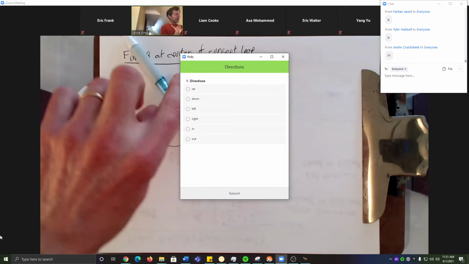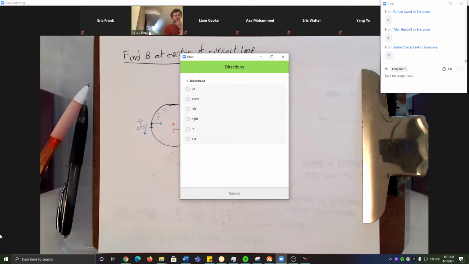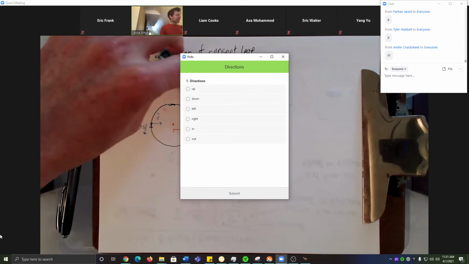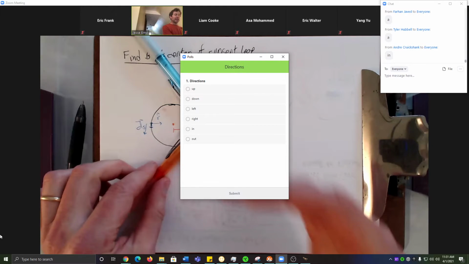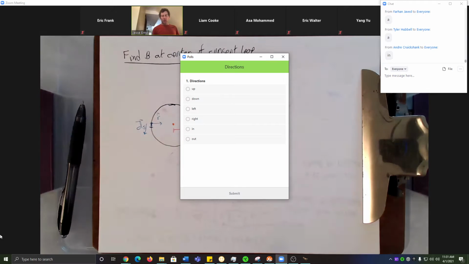They both lie on the page, so your only options are out and in. That means if you voted up, you got to change. Right, so ds vector goes that way, r hat goes that way. So ds cross r is out.